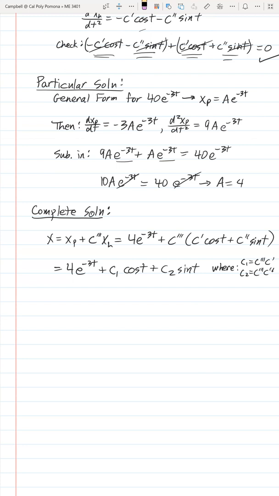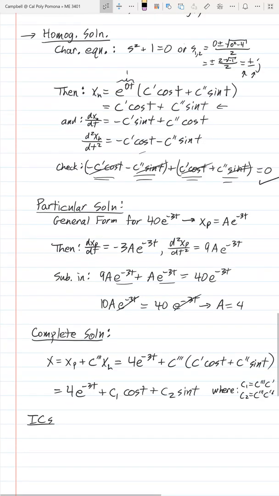Now let's go ahead and find the initial conditions. Now, here is something that I want to note because it can be a little easy to get confused. You might be tempted, because we found the undetermined coefficients while we were working with a particular solution, which is absolutely necessary, to think, oh, okay, the initial conditions are tied to the homogeneous solution.